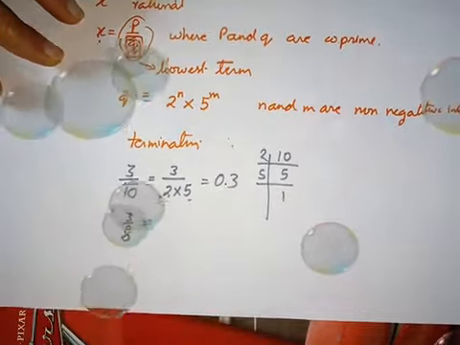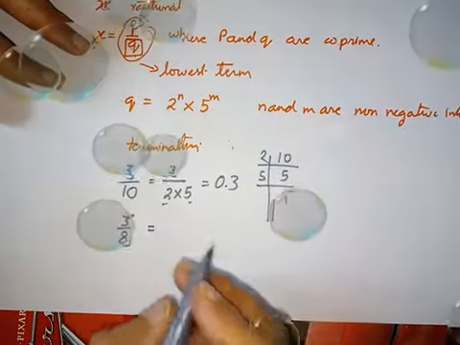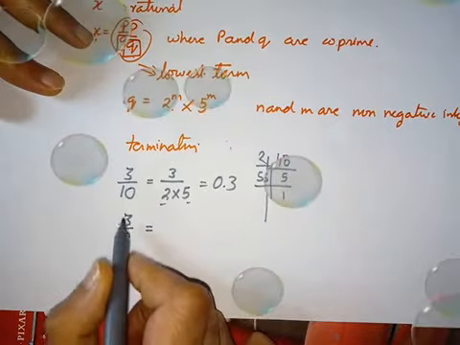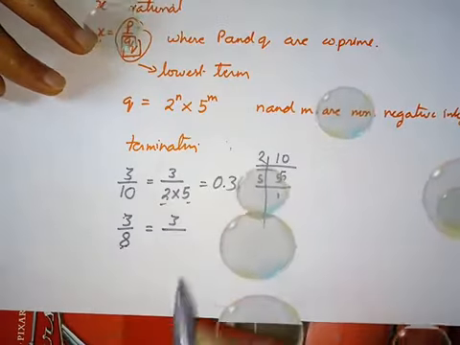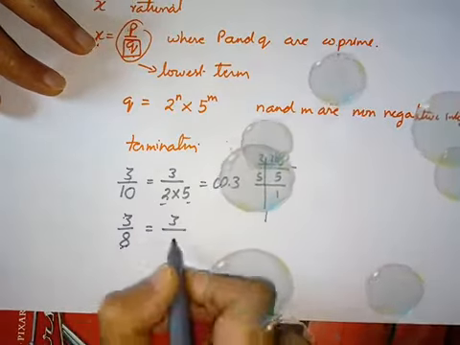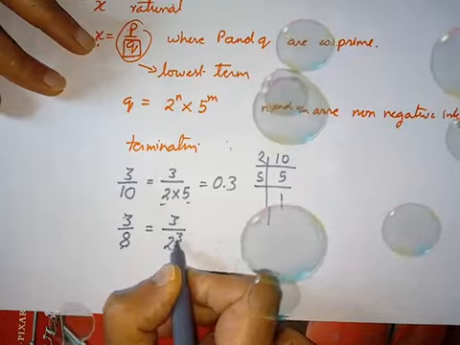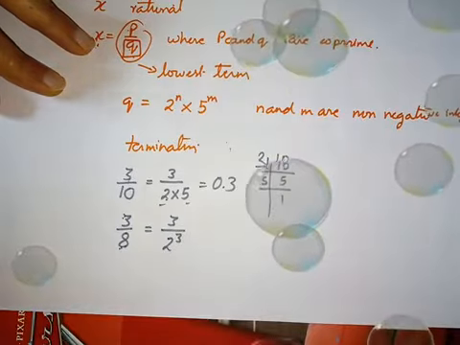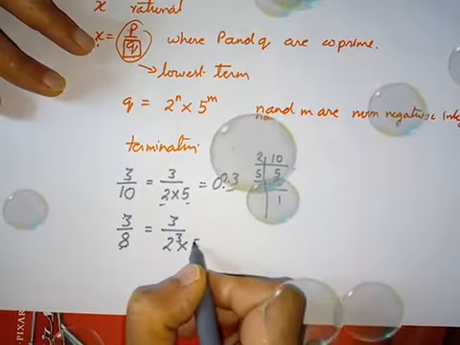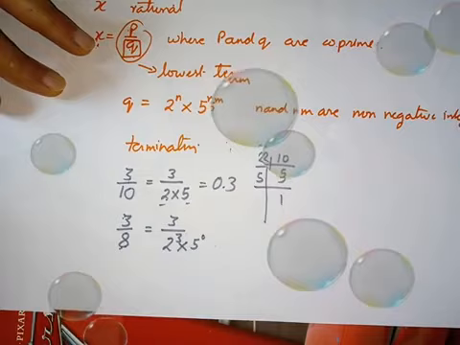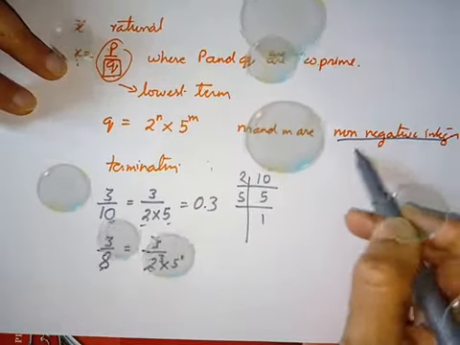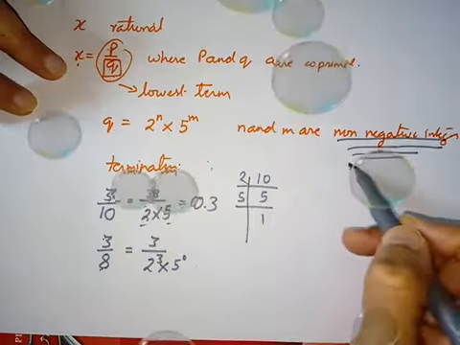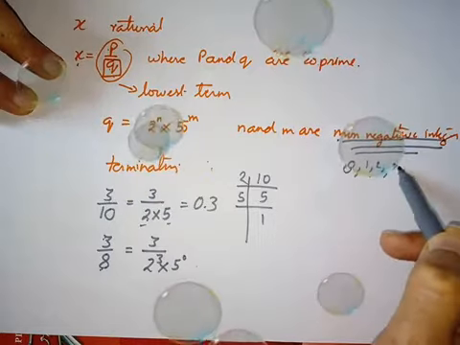Now here we have to again check whether this will give a terminating decimal. First of all, check whether they are co-prime. Yes, they are co-prime. It is in the lowest form. Write down the numerator as it is. The prime factorization of 8 is 2 to the power 3. Now you will ask where the 5 is. 5 is there, but with power 0. That is why we say non-negative integer, which includes 0 and all positive values.